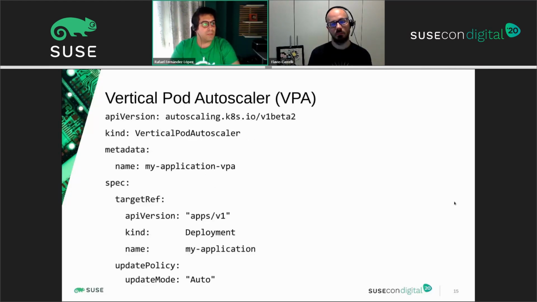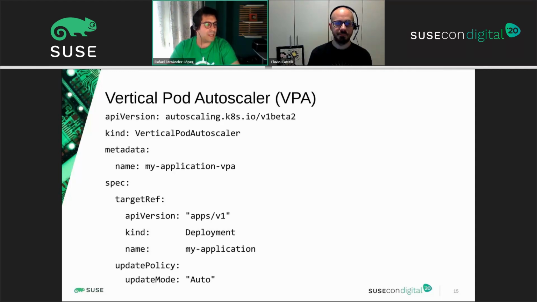This is a very simple example of the vertical pod autoscaler. It's not much more complex than this. Basically, as I said before, it looks at the current resource allocation and sees if it needs to change those to better fit the current resource usage of your deployment.